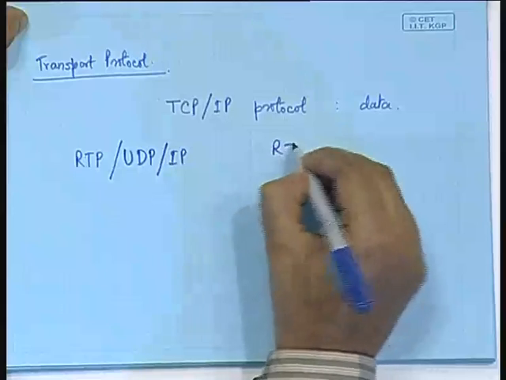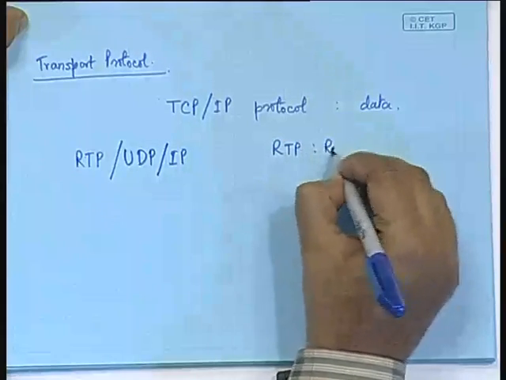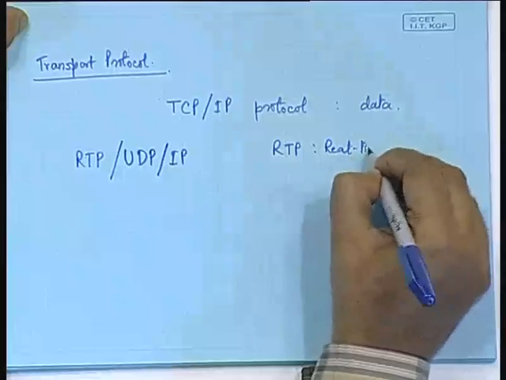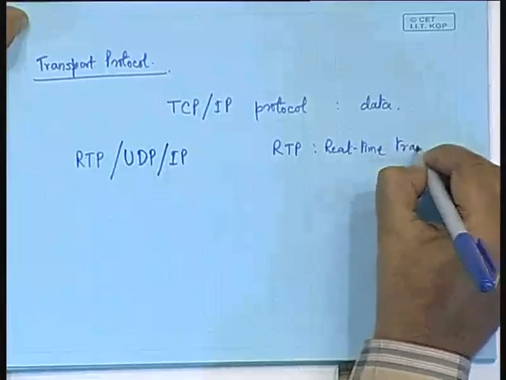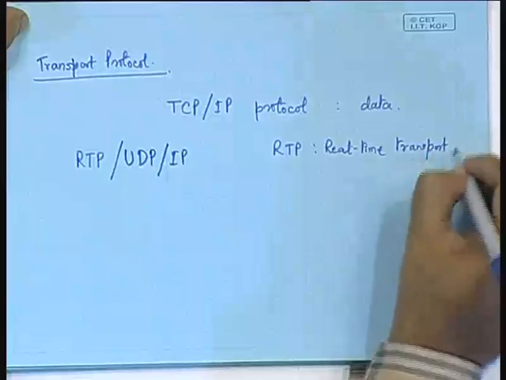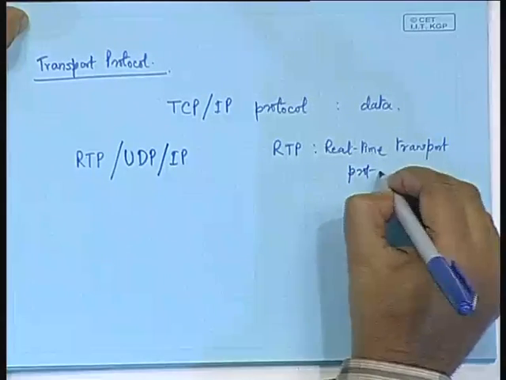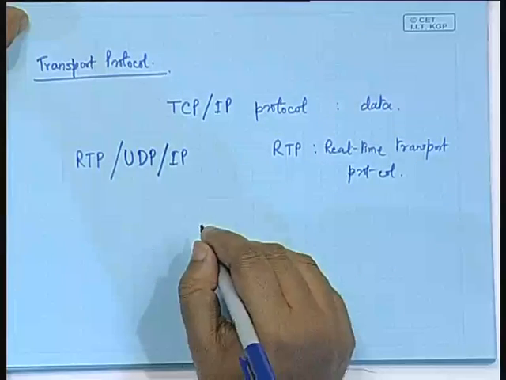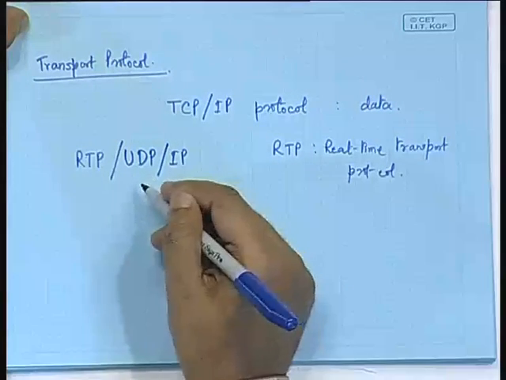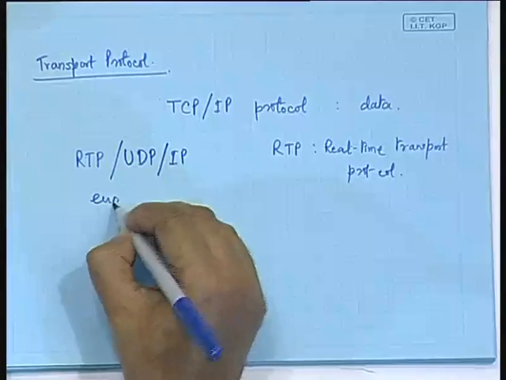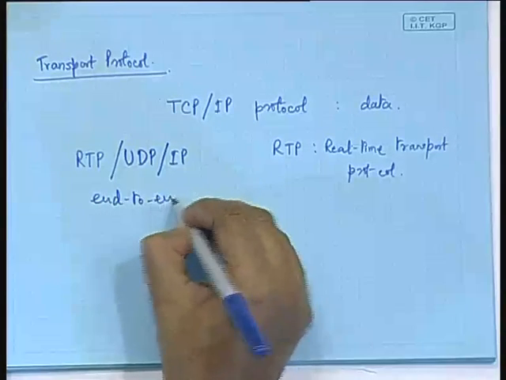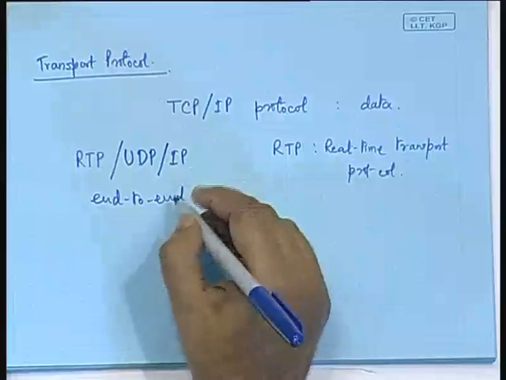So, when RTP is applied over UDP/IP, then we can use it for real time data transmission. So, RTP over UDP/IP provides end to end transport functions for real time data.